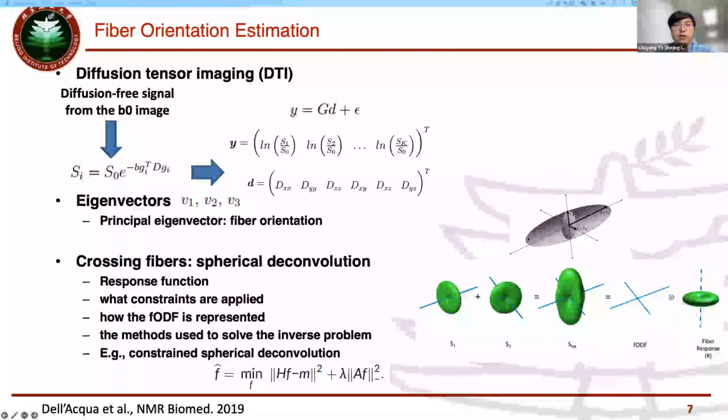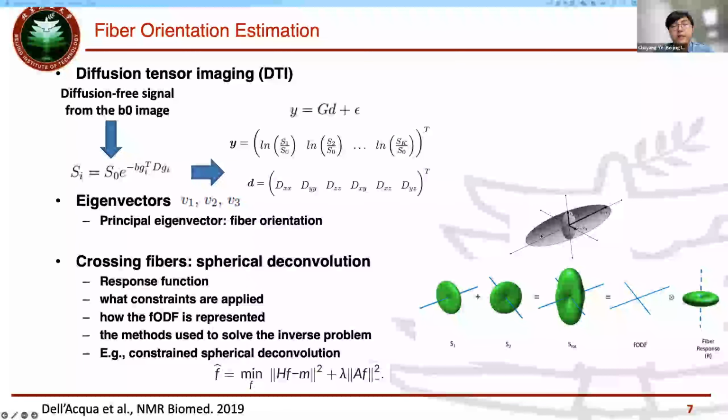Here's a graphical illustration. We can use the eigenvectors and eigenvalues of the diffusion tensor and use an ellipsoid to represent this diffusion tensor. This is the primary eigenvector here. So this direction represents the diffusion direction, and in this way, we have the fiber orientation.